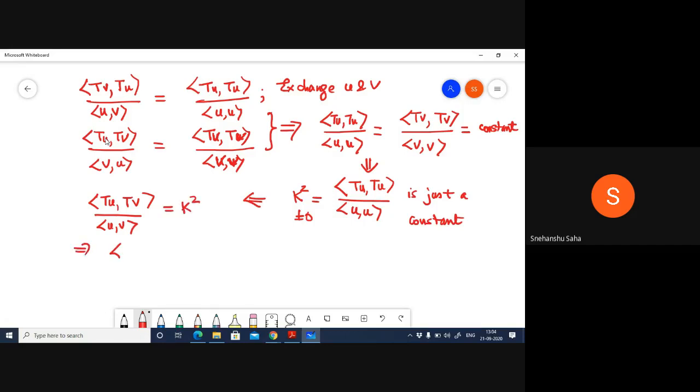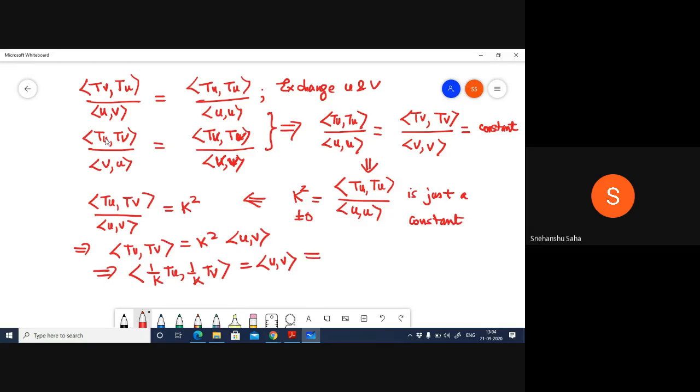In other words, TU·TV equals k squared UV. In other words, (1/k)TU · (1/k)TV is equal to UV, right?